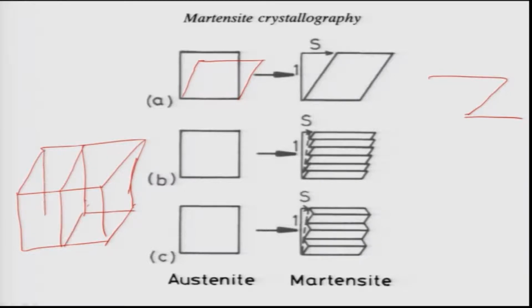So these were 2 FCC cells, let us suppose, and we generate such a martensitic body-centered cubic structure. Let us assume that. So we can actually consider these in 2D like the one I have drawn. Now, in order to keep one of the lattice planes undistorted, what will it do?